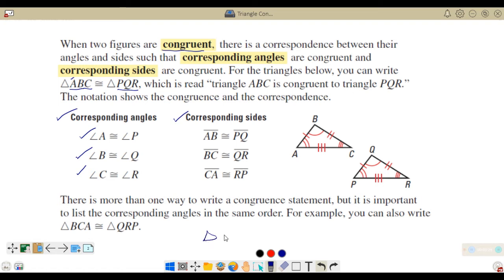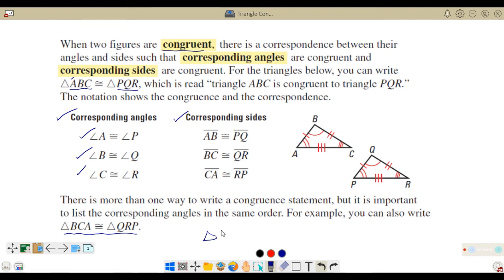So, for example, you can write this as BCA. So, BCA is congruent to triangle QRP. So, si B ang nauna, B is congruent to Q. So, sa second na triangle, si Q yung inuna natin. Next, C is congruent to R. So, second letter is R. Third letter is A. It is congruent to P. So, the third letter is P. If you wish to write it in a different way, pwede pa rin.